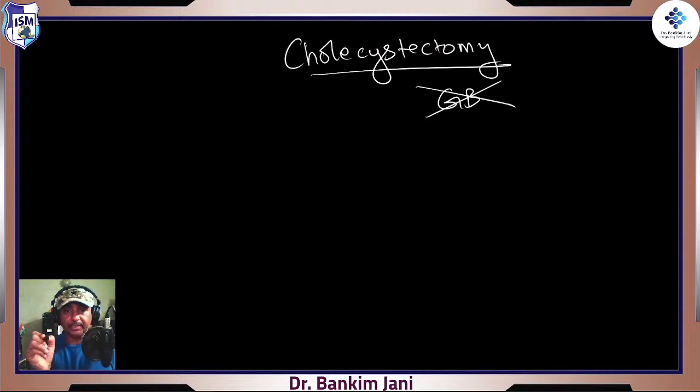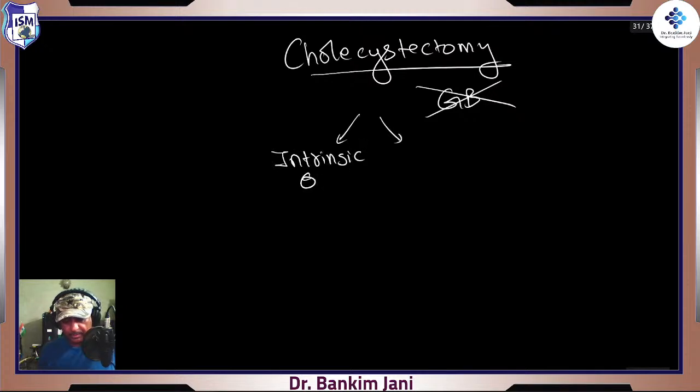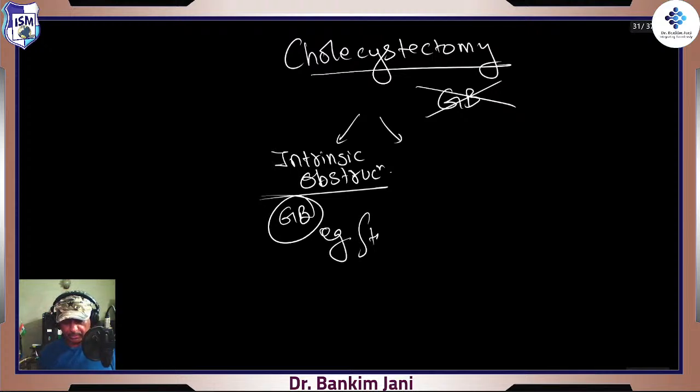There can be intrinsic obstruction or extrinsic obstruction. Intrinsic obstruction means something is wrong in the gallbladder itself, inside the gallbladder, and that is like those gallstones.